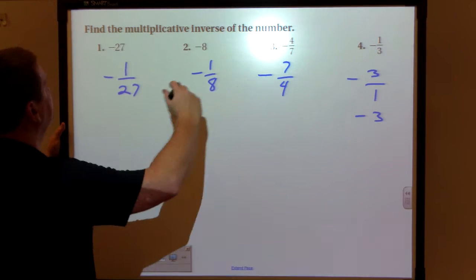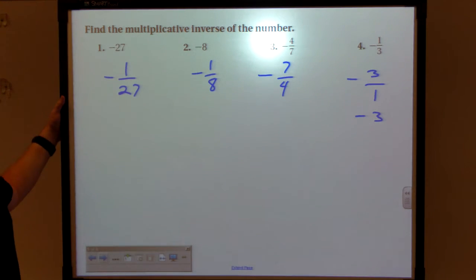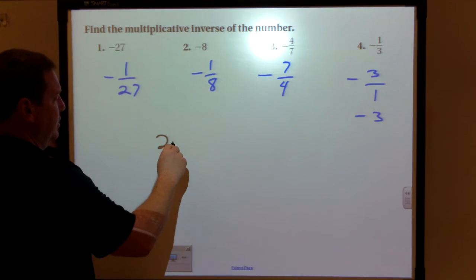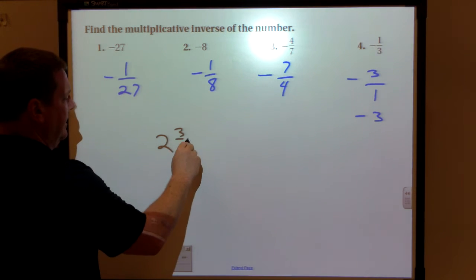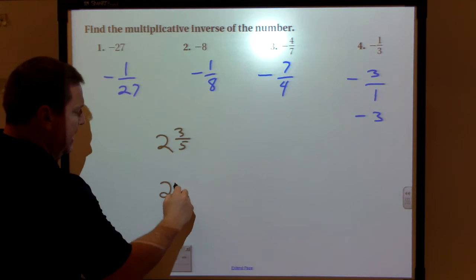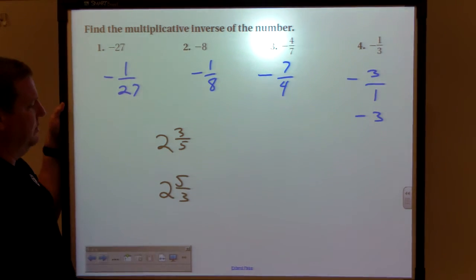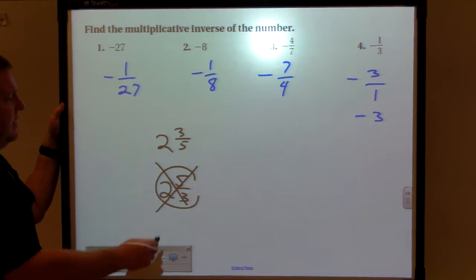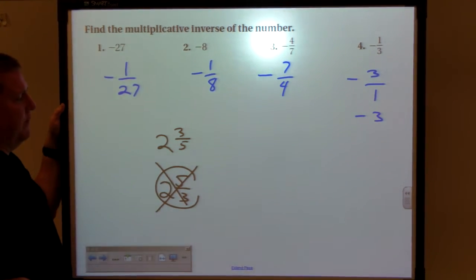Now, one example they didn't put on here for us was a mixed number. Let's say I have the mixed number 2 and 3/5. The reciprocal of this is not 2 and 5/3. That is not correct. This needs to be put in fraction form first.